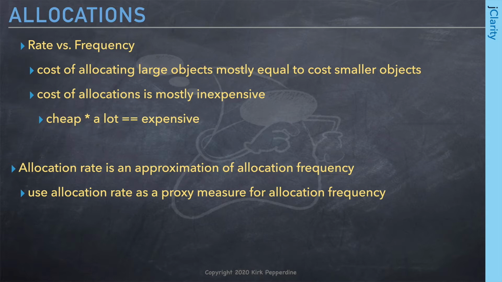What we can do, and what we did do when we looked at the Mastermind application, is we used Sensum to give us an approximation of the allocation rate, and then we used that information to make the determination that this application is memory inefficient.